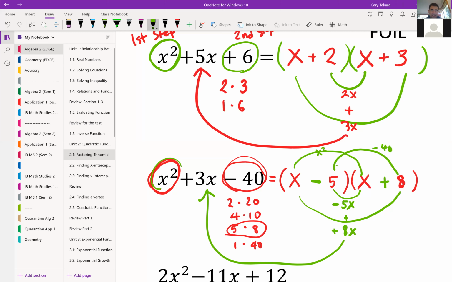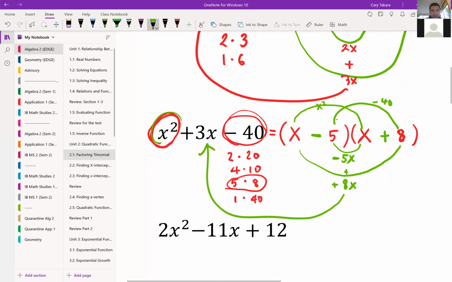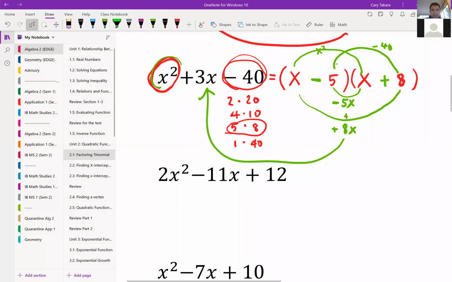Yeah. So it's x minus 5, x plus 8. Still confusing? What do you think? Are you kind of getting the hang of it? So this is the second try. Let's try another one.